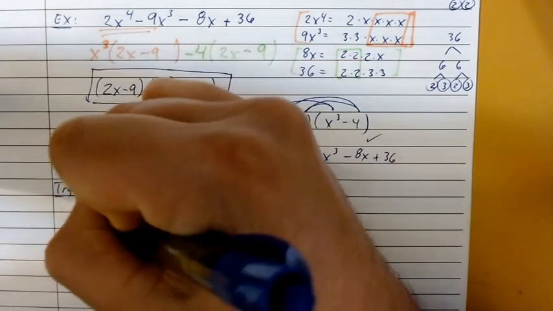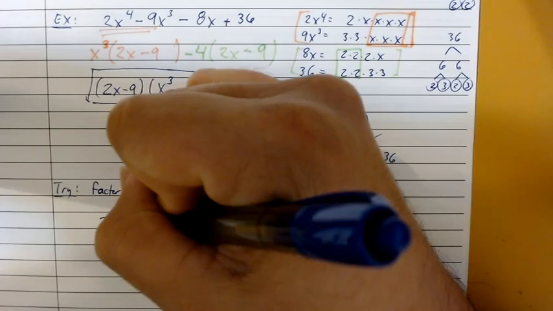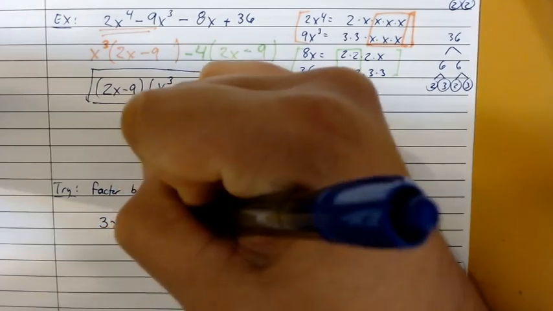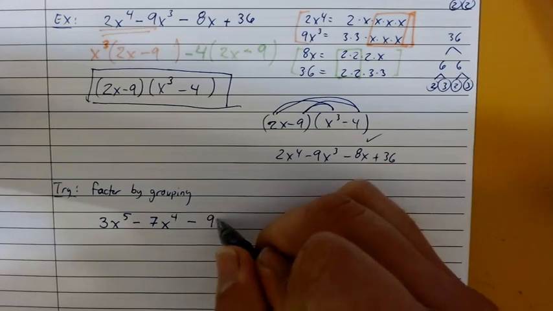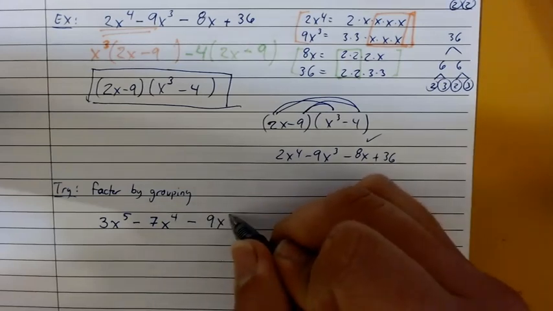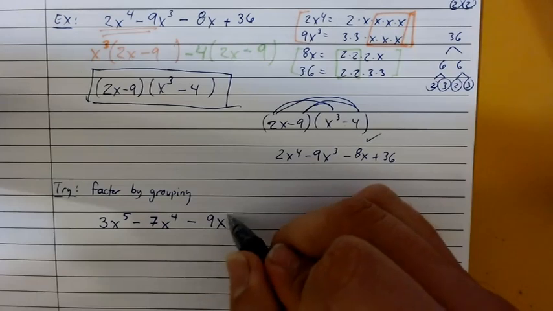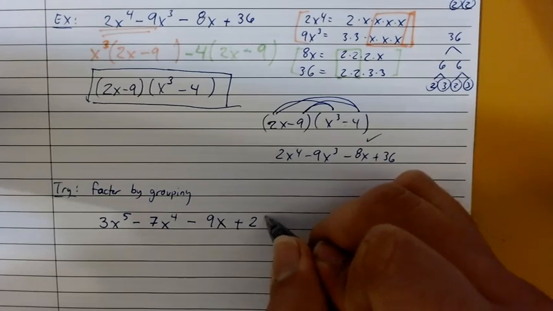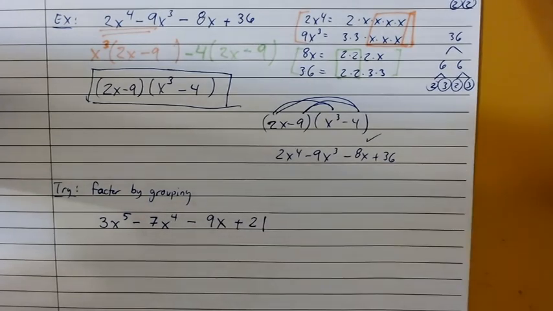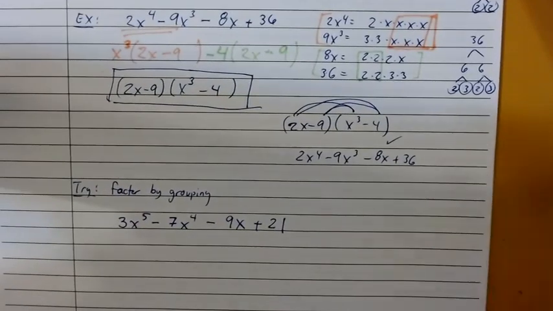Let's do 3x to the power 5 minus 7x to the power 4 minus 9x, I guess you can say power 1, and then plus 21. Like that. All right, go ahead and pause the video and give that a try. Once you are done, go ahead and unpause and we can go through it together.